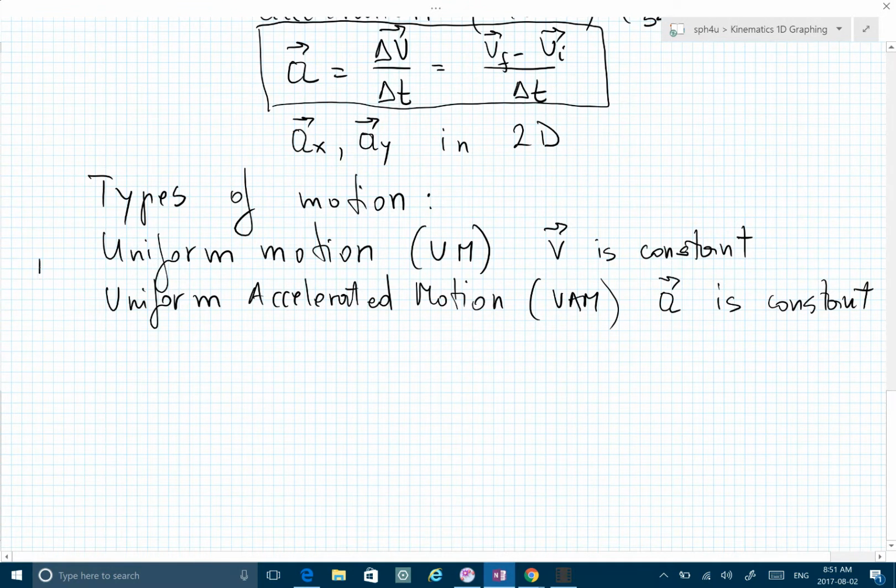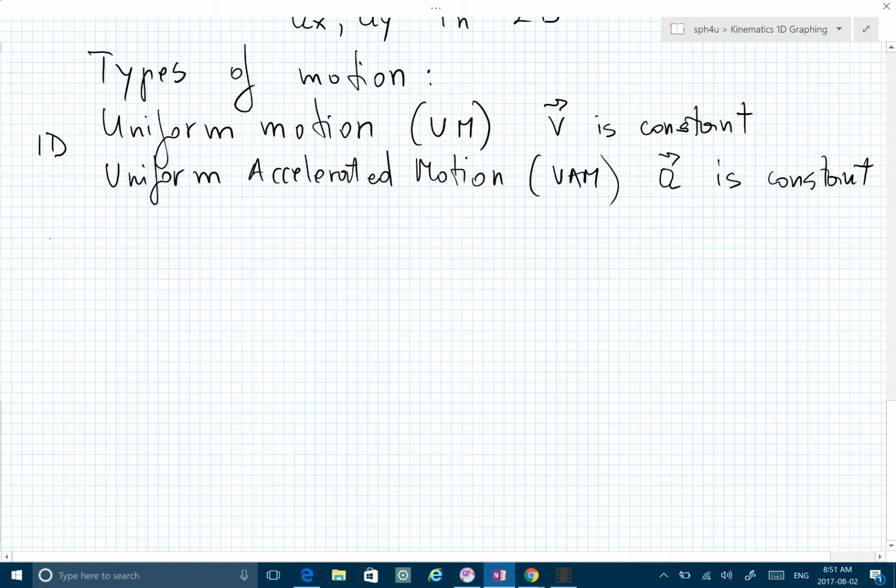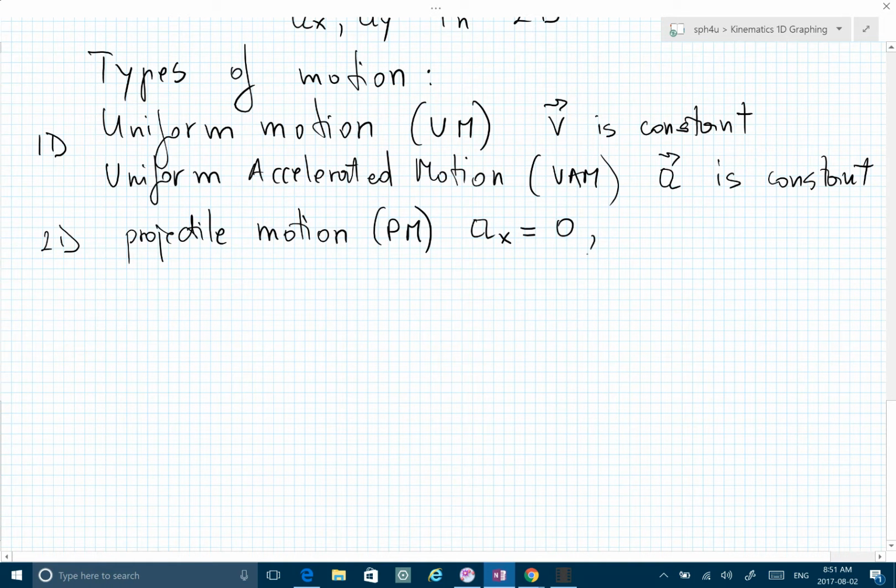And these are in 1D, and of course we have the motion in 2D, and the one that we use the most is projectile motion, I use PM. In here, the x component of acceleration, sorry, is 0.